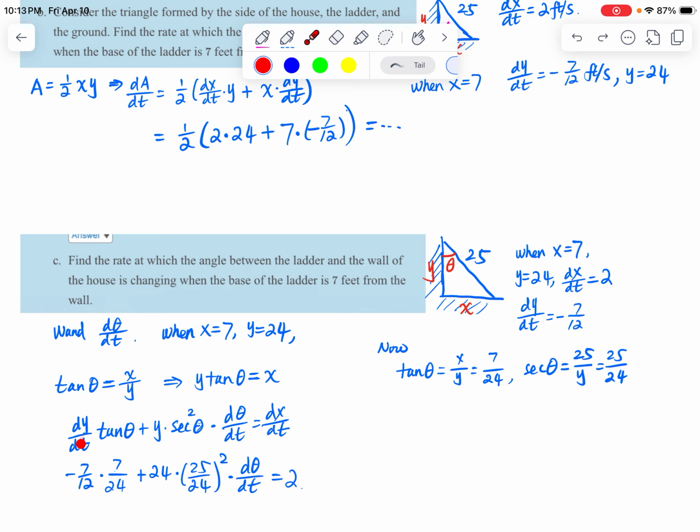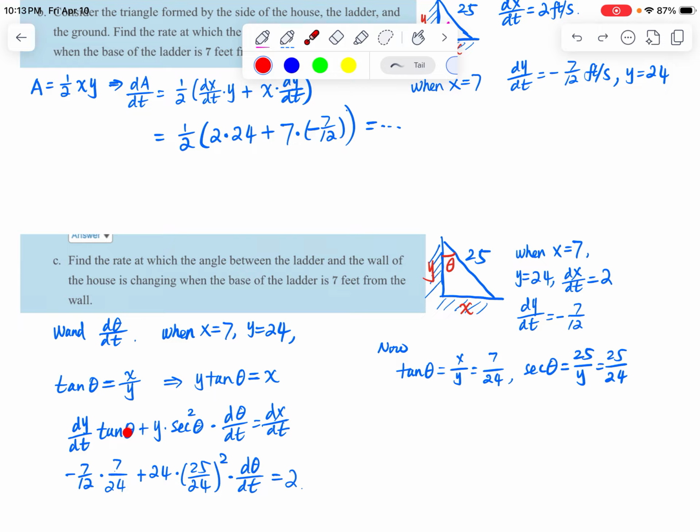Now, we do know dy/dt, which is negative 7 over 12. Let's talk about tan θ. At that moment, when x is 7 and y is 24, tan θ is opposite over adjacent, which is 7 over 24.